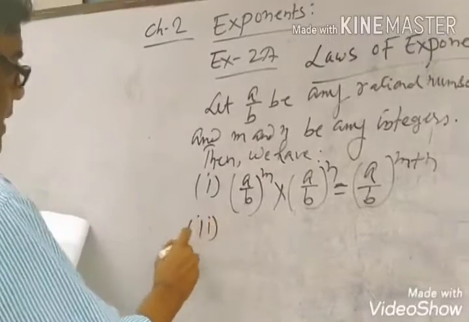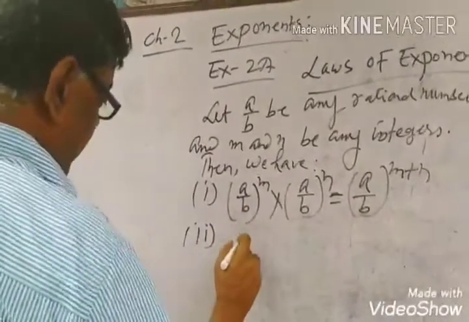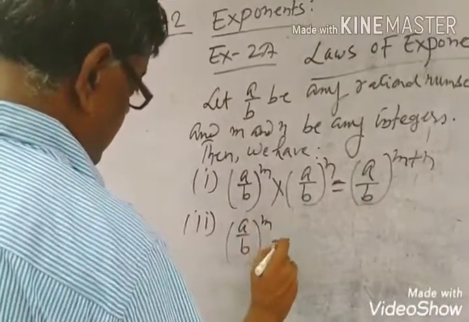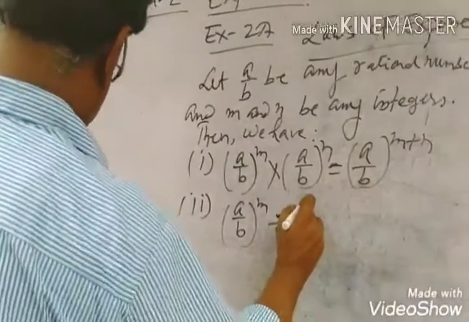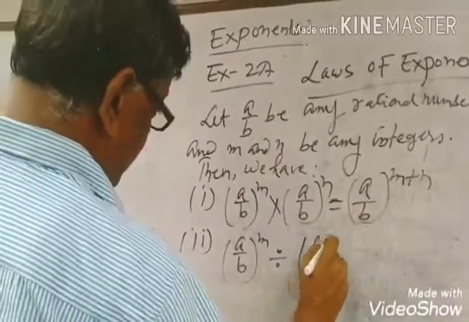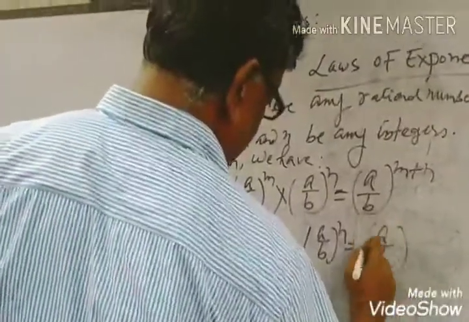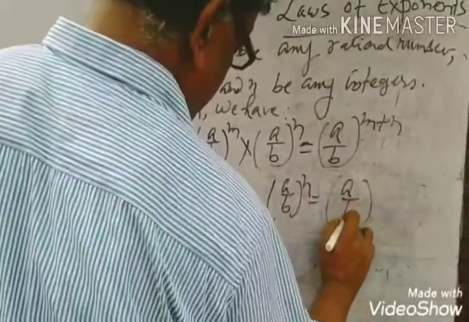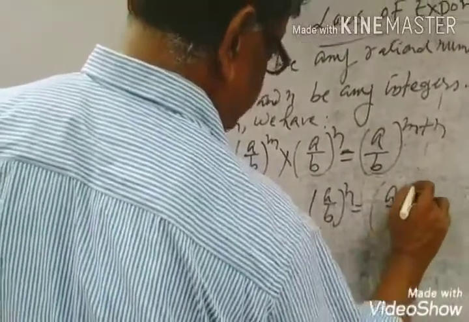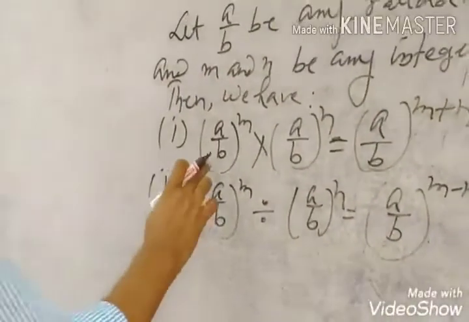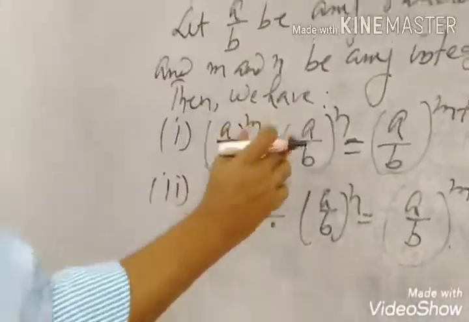Second law of exponent: (a/b) to the power m divided by (a/b) to the power n equals (a/b) to the power m minus n. Here the bases are the same, but the exponents are different.